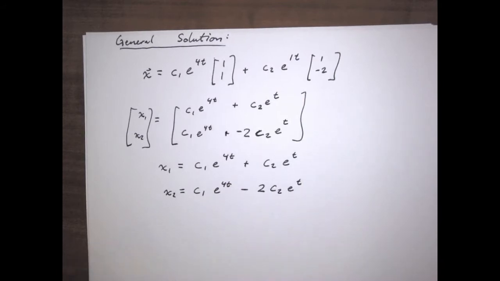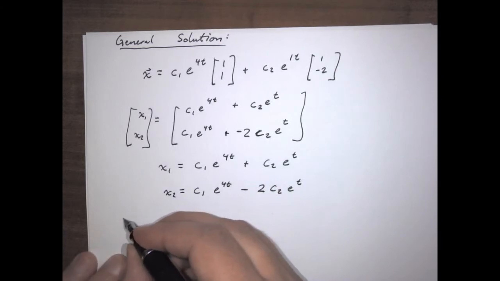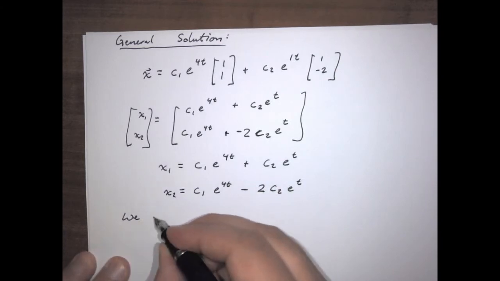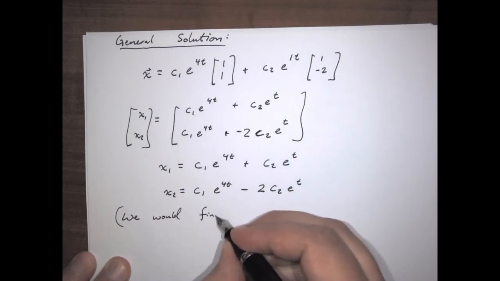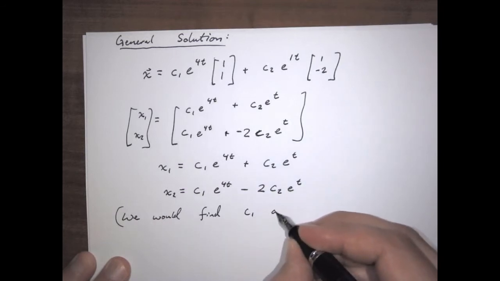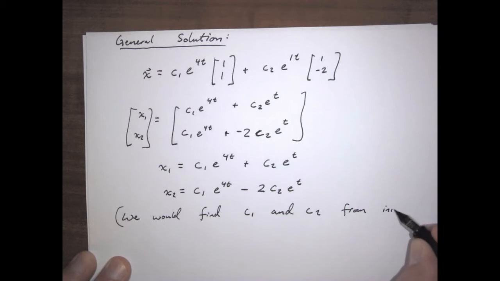And then we would find the c1 and c2 from initial conditions, if they were given to us.